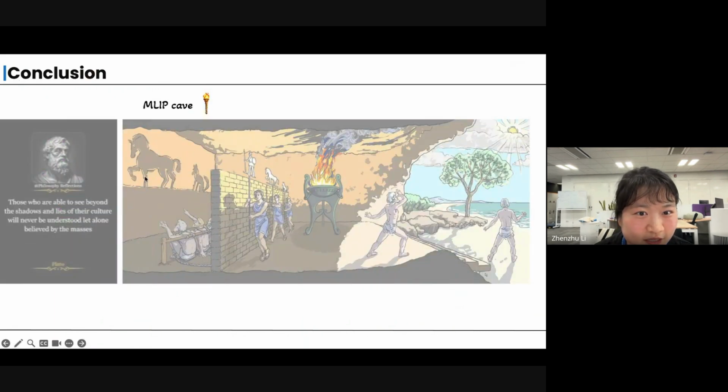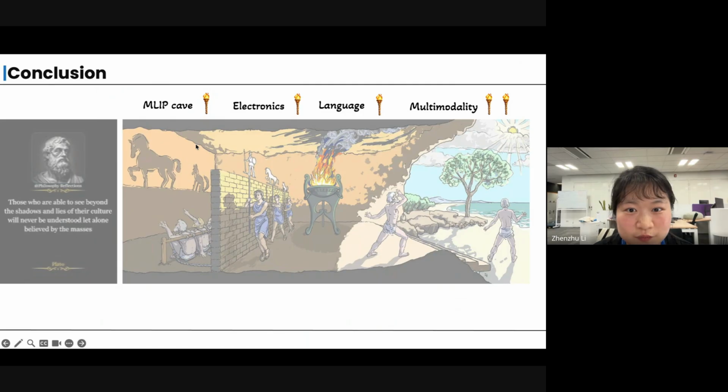But to conclude, maybe we are still in the cave, because we are in the interatomic potential cave, where the properties are governed only by the energy and force of the materials. We can also have models on the electronic properties of the materials, or even different modalities, like language models of materials.